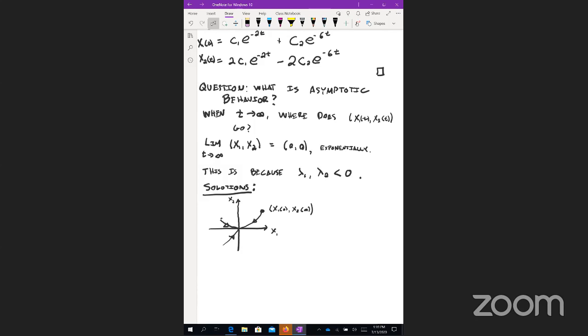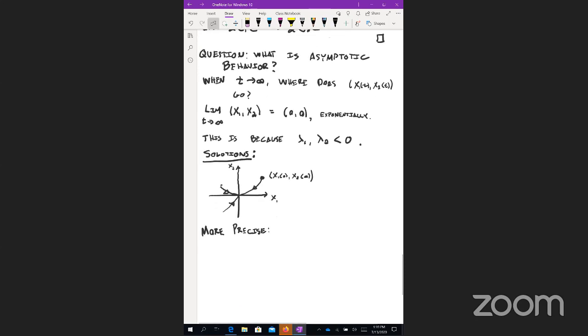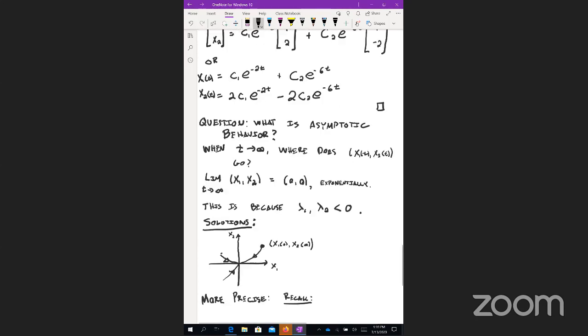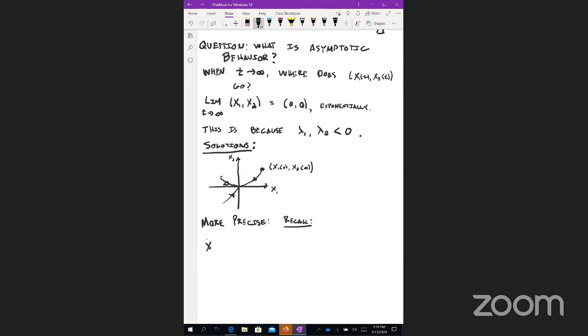Okay. So there's actually a slightly more precise picture we can draw. And that's to remember the actual form of this, which makes more sense. We really do want to think about this in its vector form.